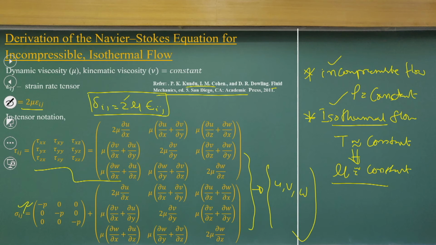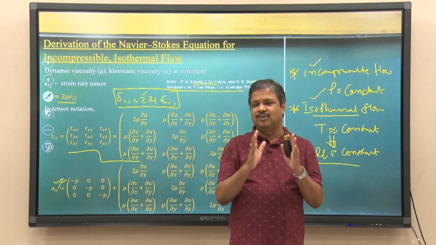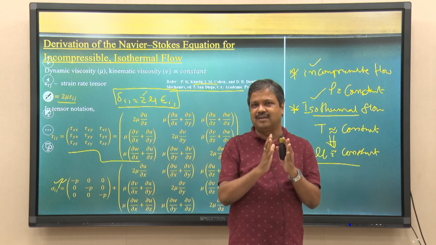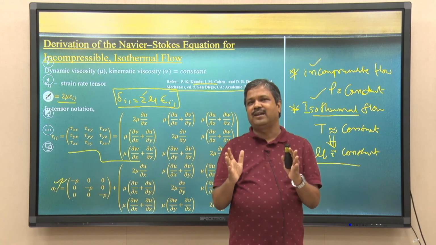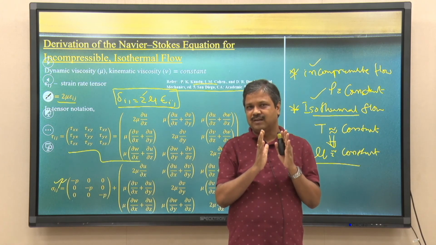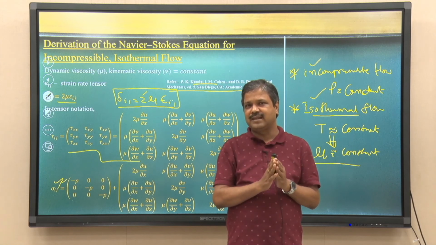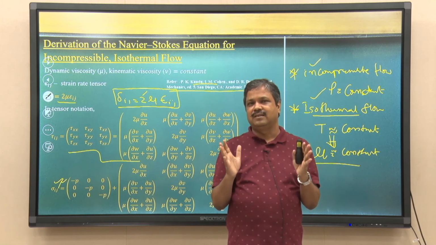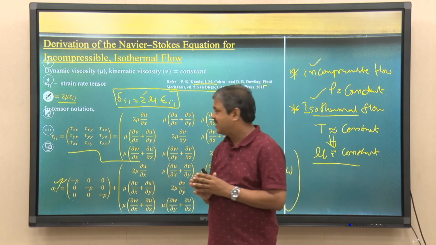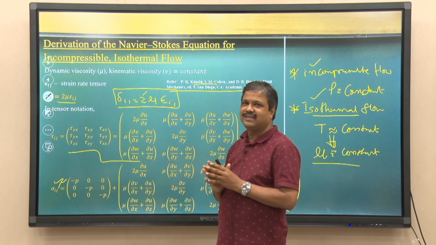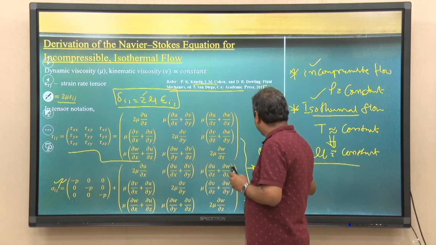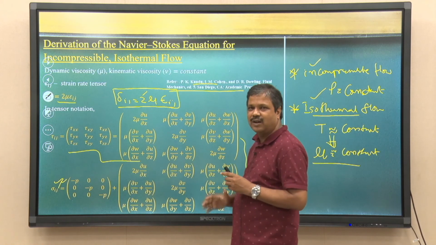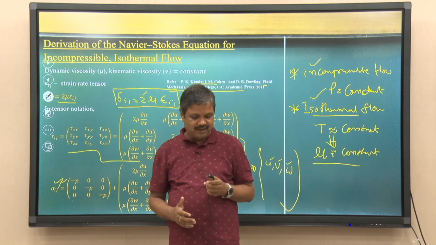Basically it is a relationship we derived from fluid kinematics with certain assumptions, incompressible and isothermal. We are deriving the relationship between the stress tensor and the strain rate tensor, as the strain rate tensor is a function of the gradient of the scalar u, v, w. That is the advantage we have.